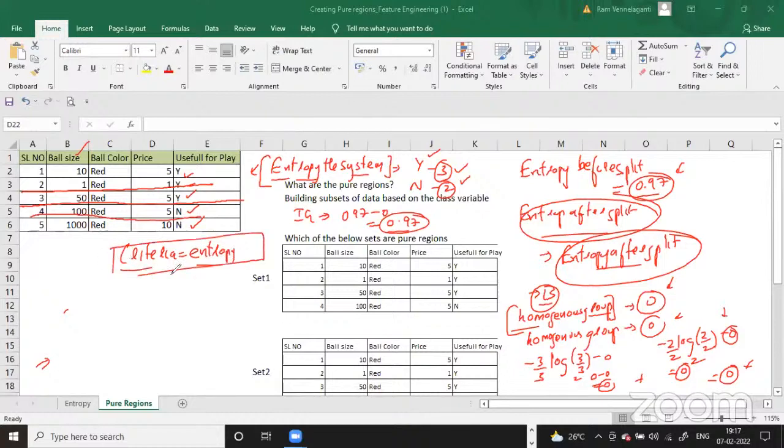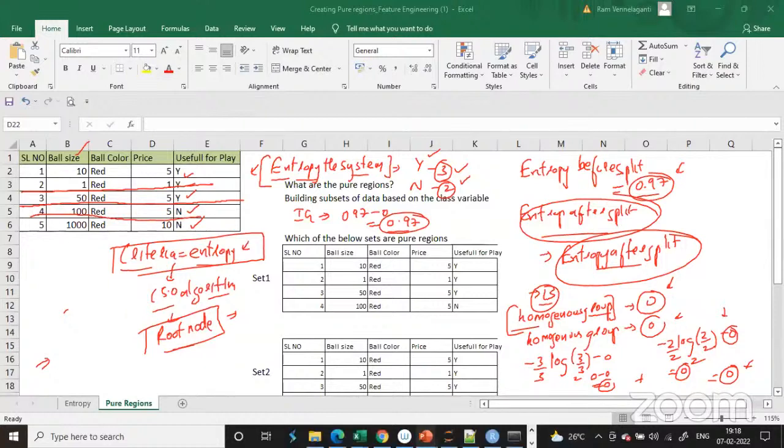When you mention your criteria, in the background it is going to use the C 5.0 algorithm and find out the root node. All this heavy lifting will be done by the simple condition criteria is equal to entropy, and that is what we are going to see in our Python programming.